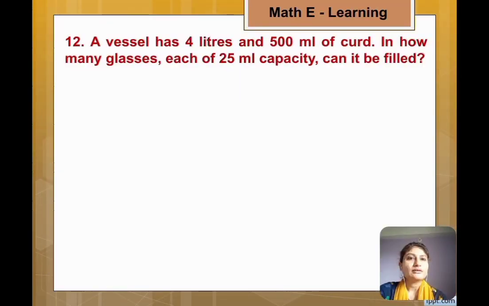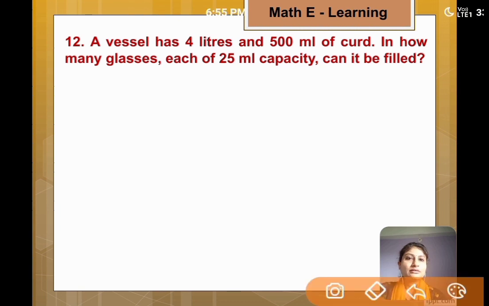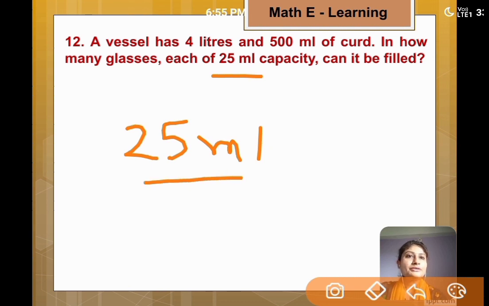Question number 12. A vessel has 4 liters and 500 ml of curd. In how many glasses, each of 25 ml capacity, can it be filled? Here capacity of one glass is 25 ml and the vessel's capacity is 4 liters and 500 ml. So we convert it to milliliters because the capacity of the glass is given in milliliters.